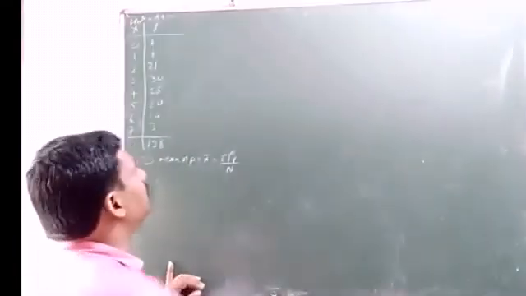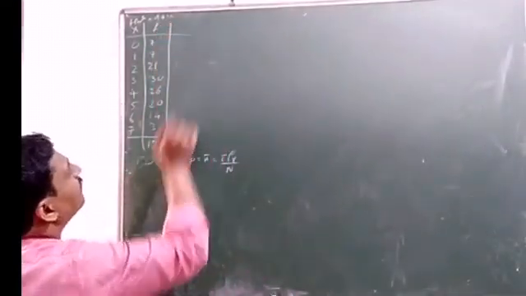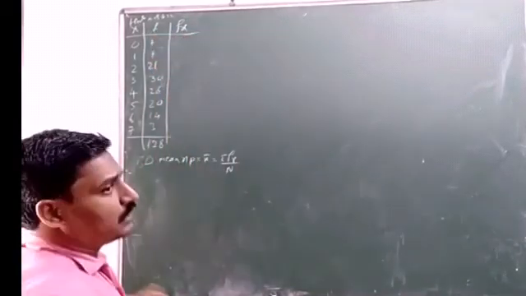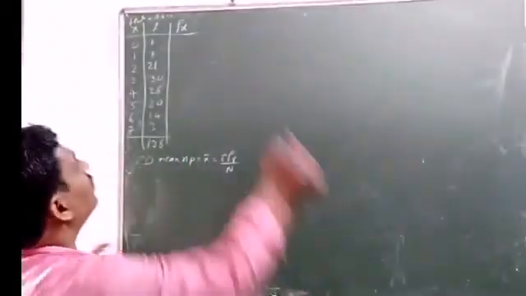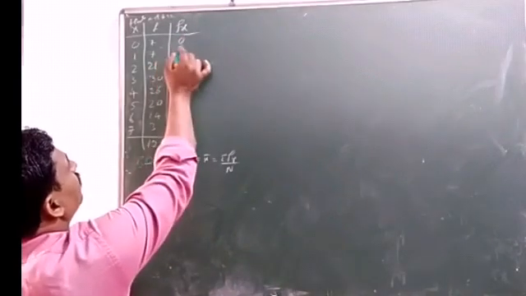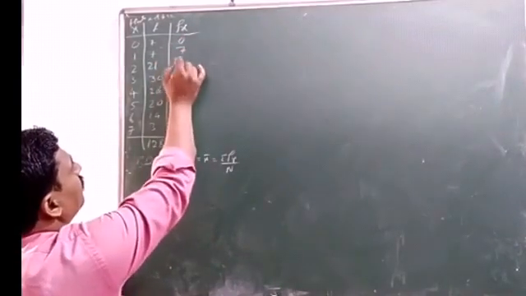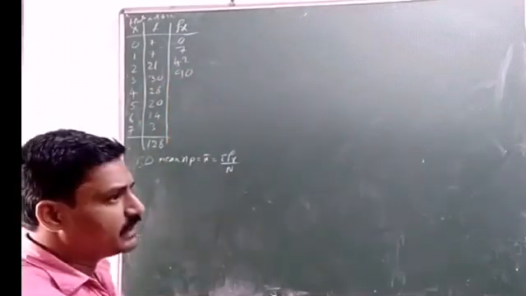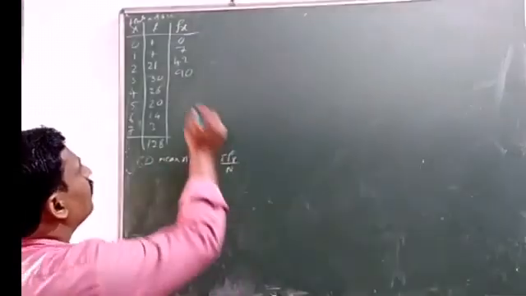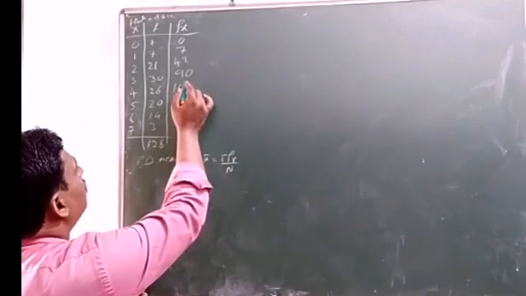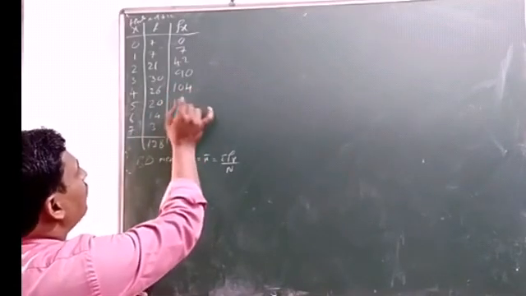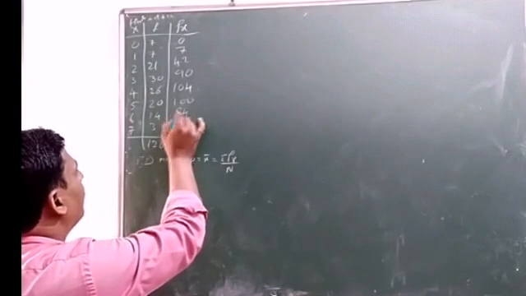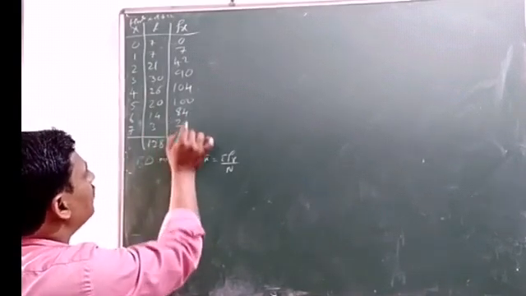So first we need to calculate the fx column: 7 into 0 is 0, 7 into 1 is 7, 21 into 2 is 42, 30 into 3 is 90, 26 into 4 is 104, 20 into 5 is 100, 14 into 6 is 84, 7 into 3 is 21.